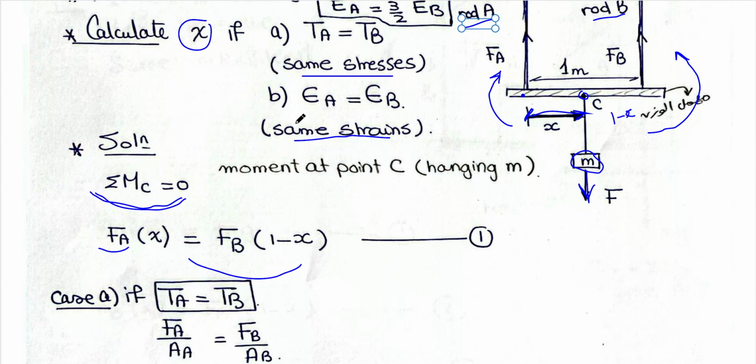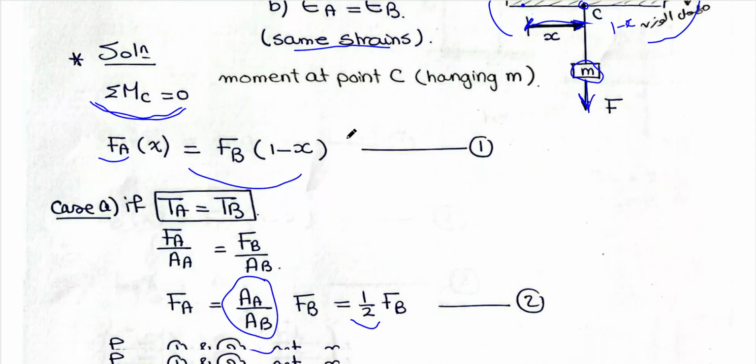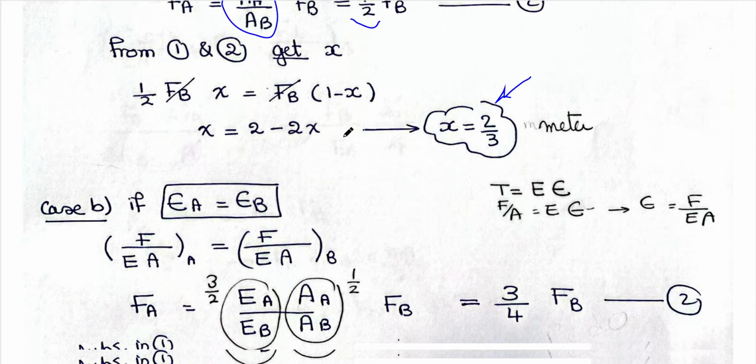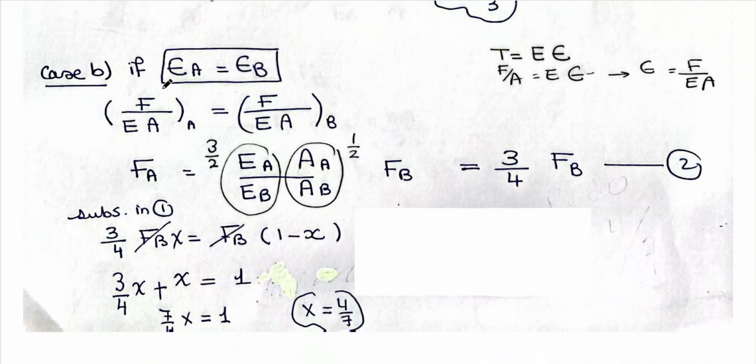Okay, let's explain part B. In part B, I want same strains. So I will begin with the condition of strain at A equals strain at B, and write the strain in terms of other terms, F over EA.